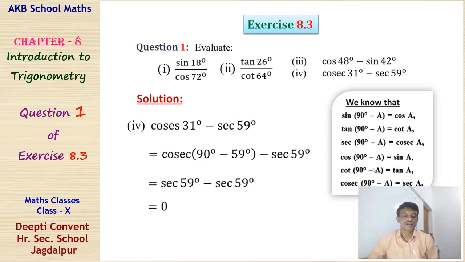Very simple. You have to remember this table of trigonometric ratios of the complementary angle of A. Use it and convert 31 to 90 minus 59, and we get the value. This is the answer of the fourth. So that was the solution of question 1 of exercise 8.3.